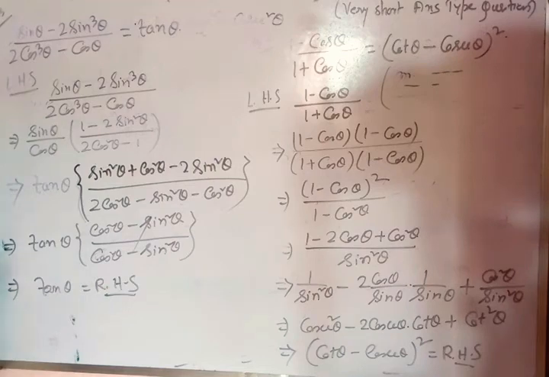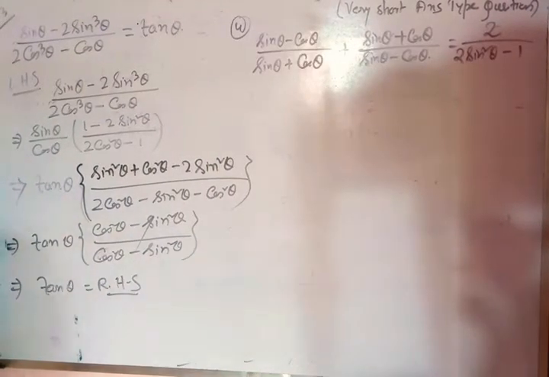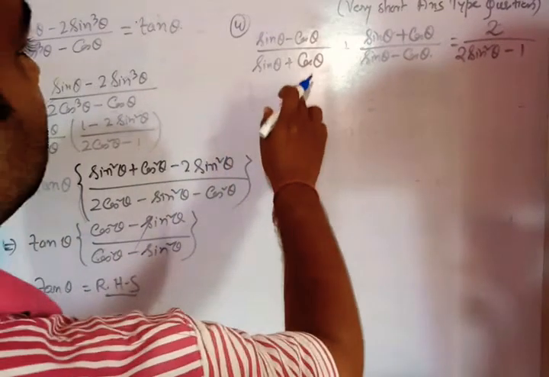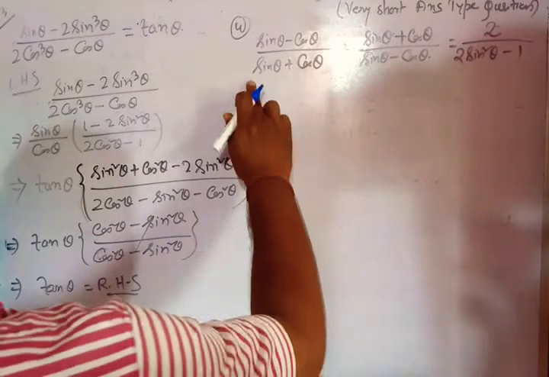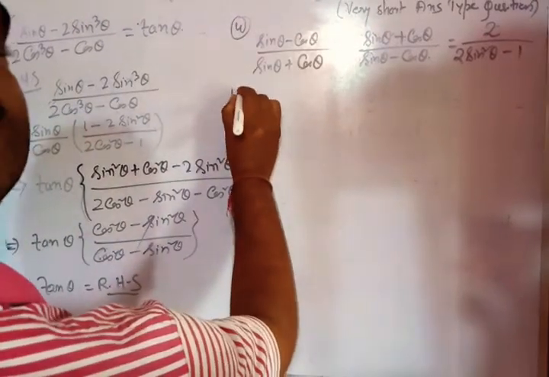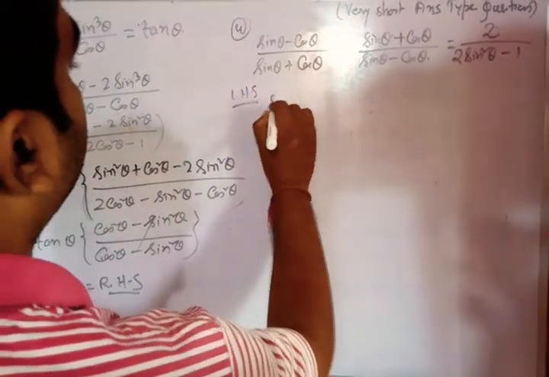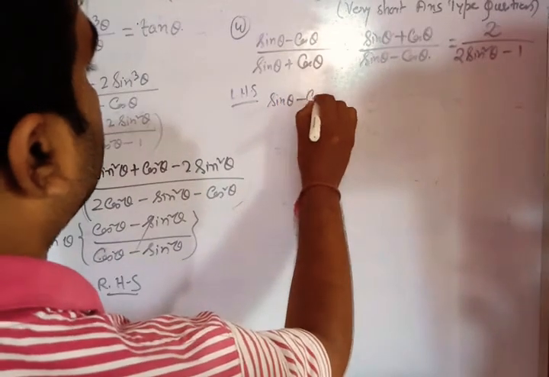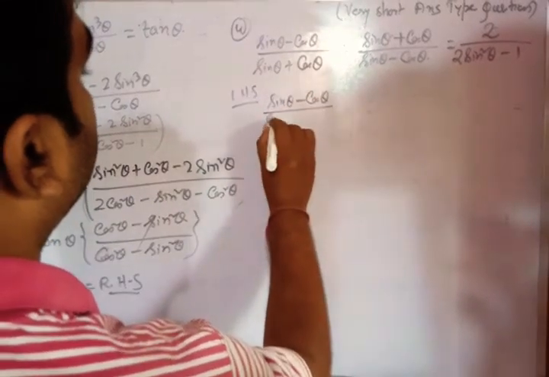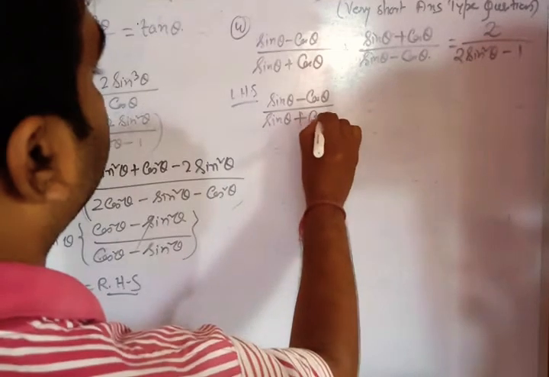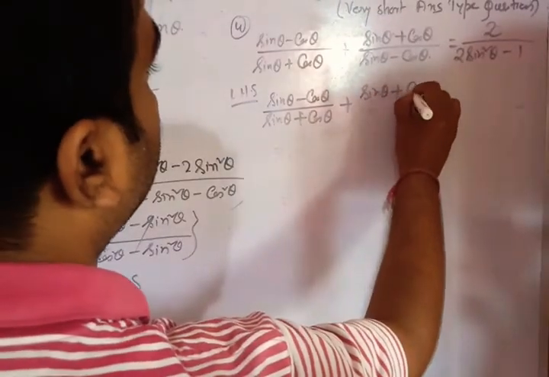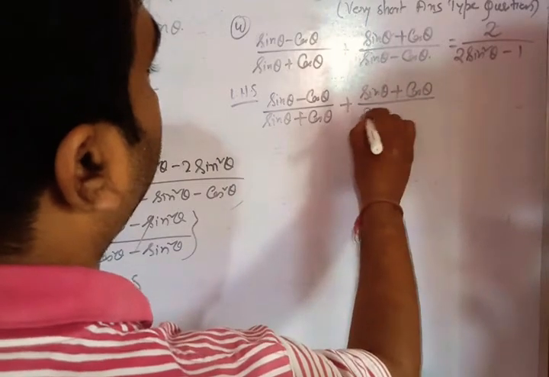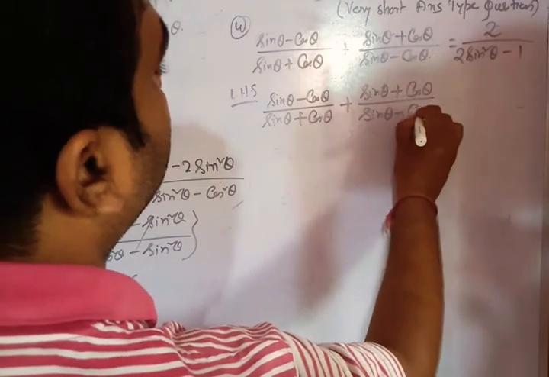Okay, next move to another question. So here first we have to prove this. Hope you are able to see the board. So first we are taking LHS. LHS is equal to sin theta minus cos theta by sin theta plus cos theta plus sin theta plus cos theta by sin theta minus cos theta.